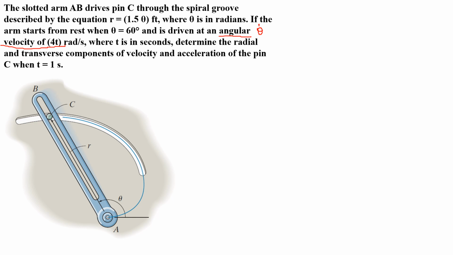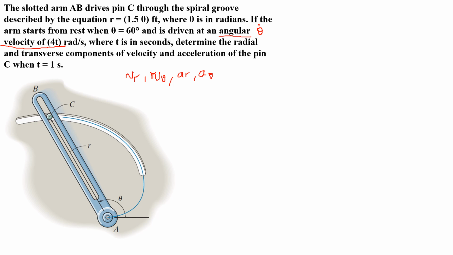So we need to determine these quantities: Vr, the radial velocity, V theta, the transverse velocity, Ar, the radial acceleration, and A theta, the transverse acceleration.